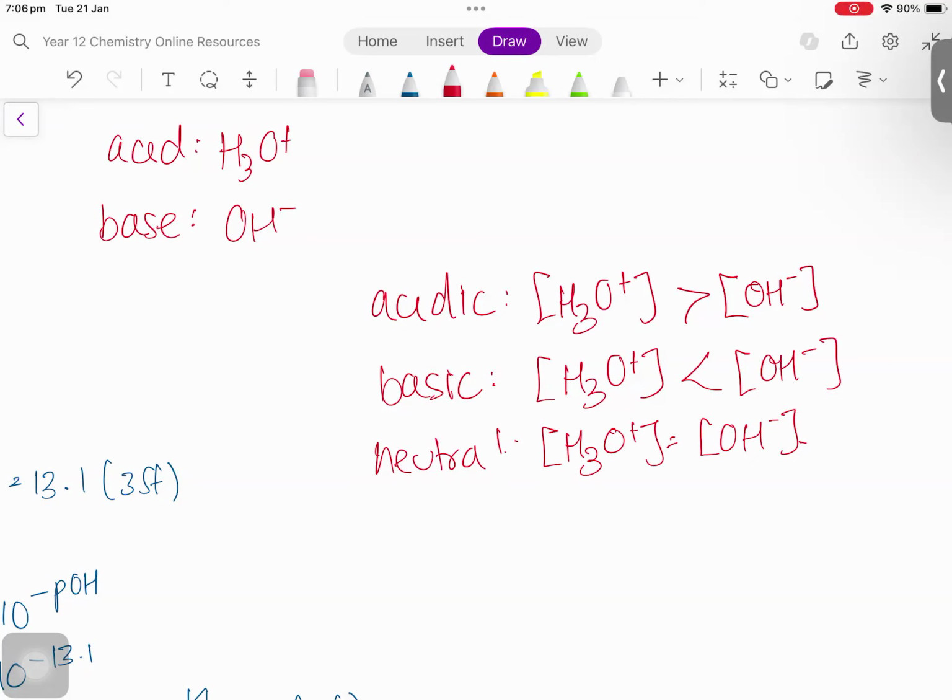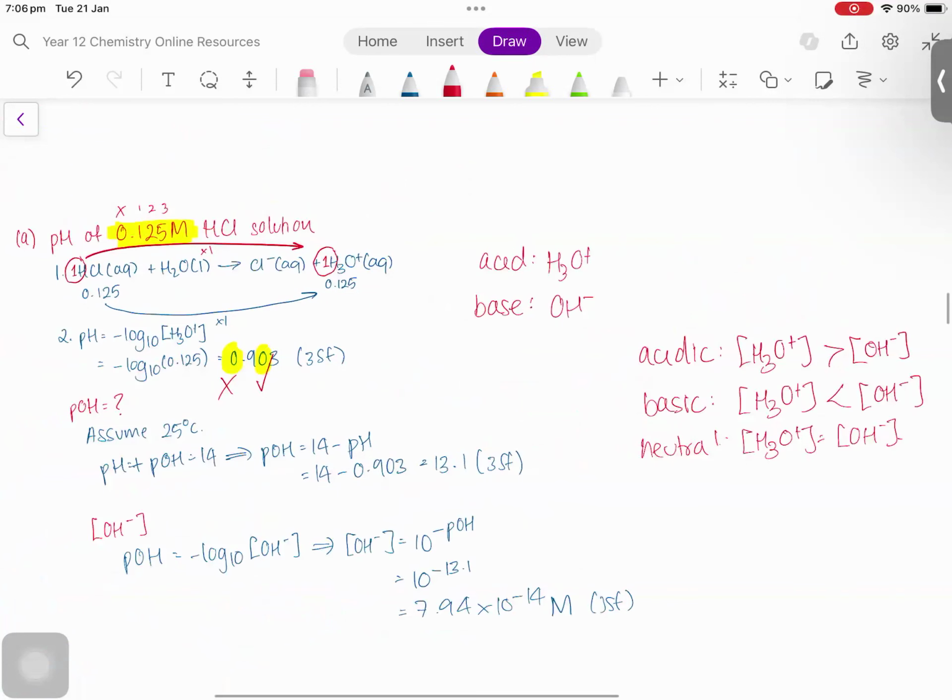So not one overpowers the other. It's not acidic, it's not basic. That's what makes it neutral. That's the reason why here you're able to calculate OH minus even though I gave you hydrochloric acid as the chemical in question. Yeah?